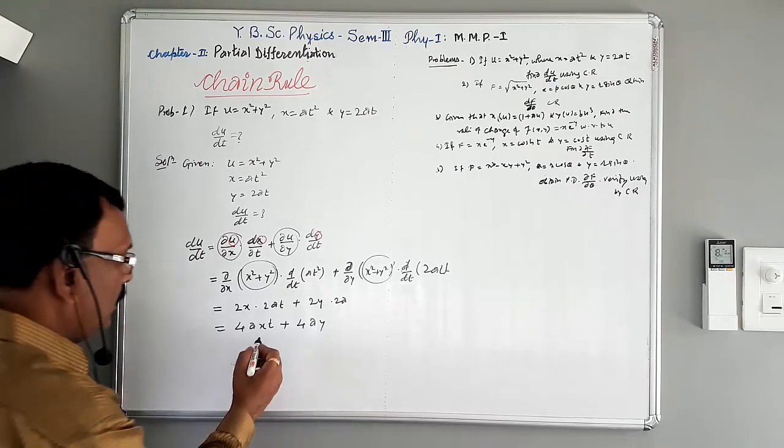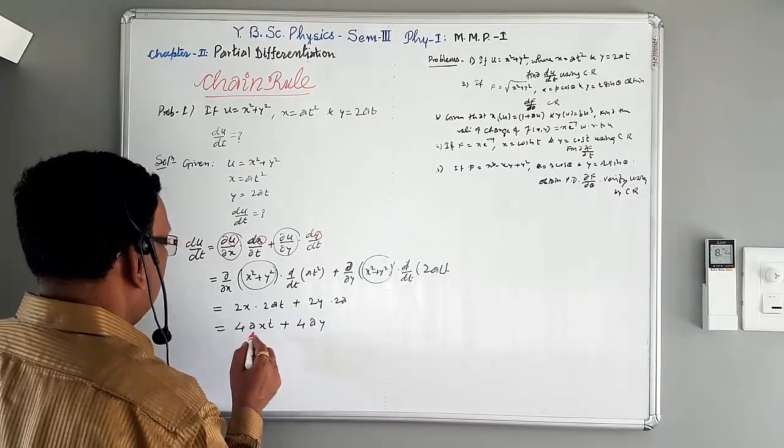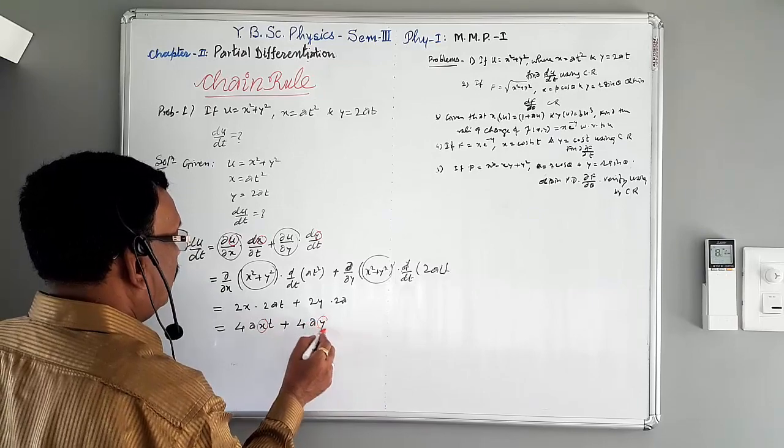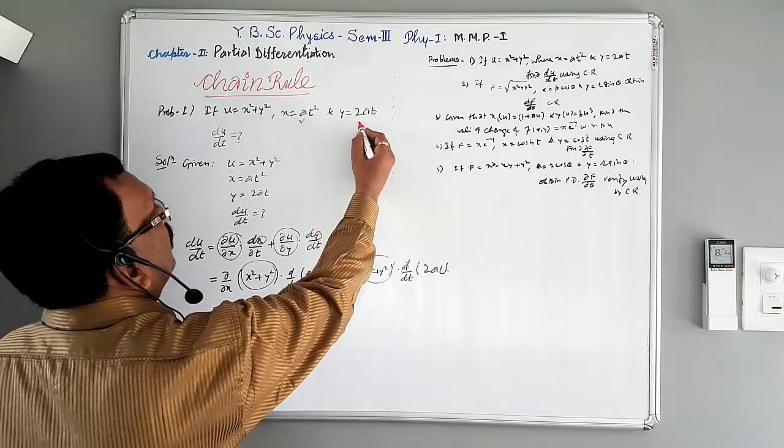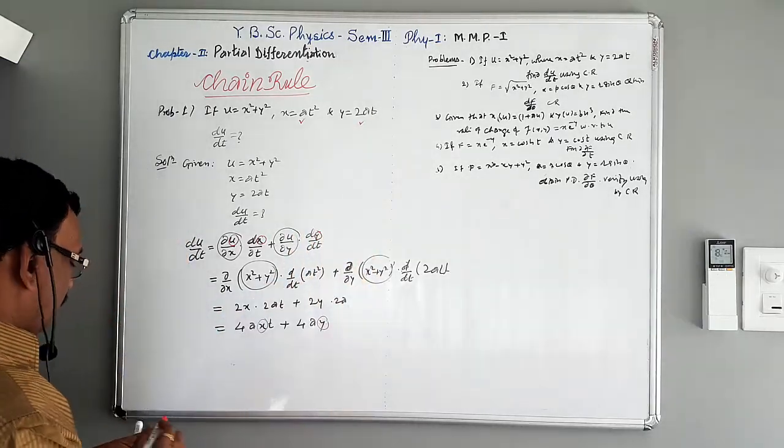But the value of x and the value of y is at square and twice at respectively.